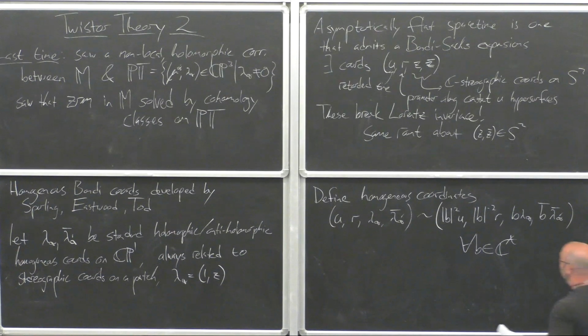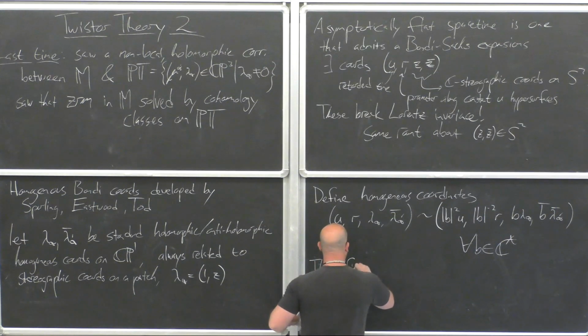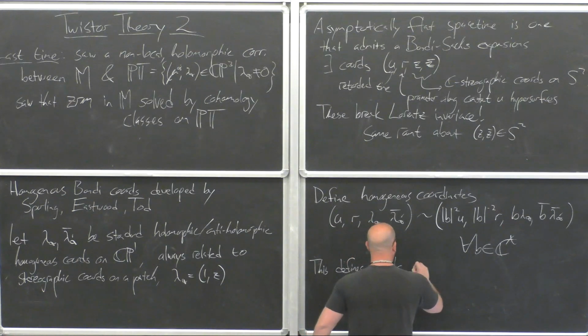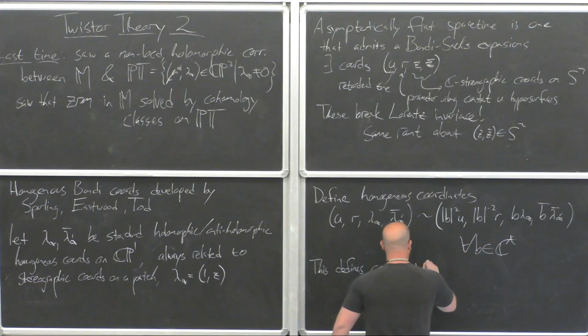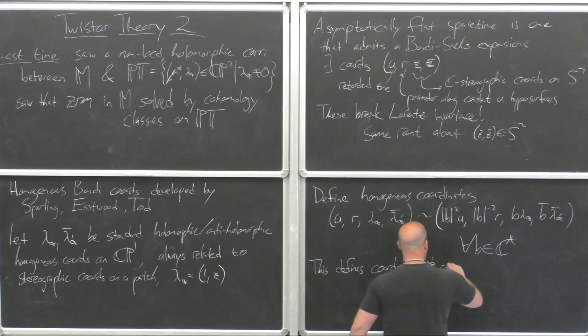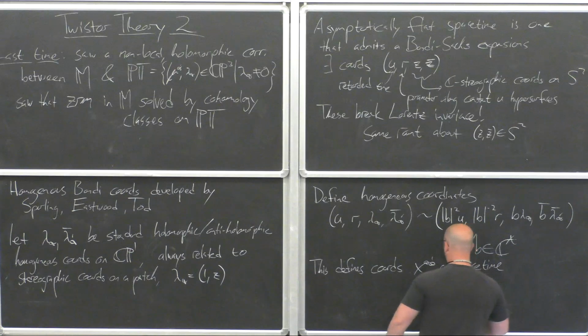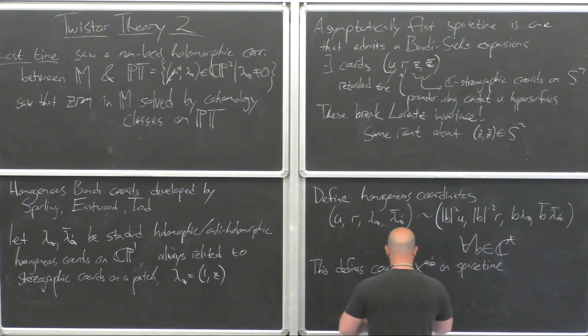So you can use these to define some coordinates x alpha alpha dot on your space-time as follows. You take x alpha alpha dot equal to u t alpha alpha dot plus, and I'll explain what I'm writing here in a moment.